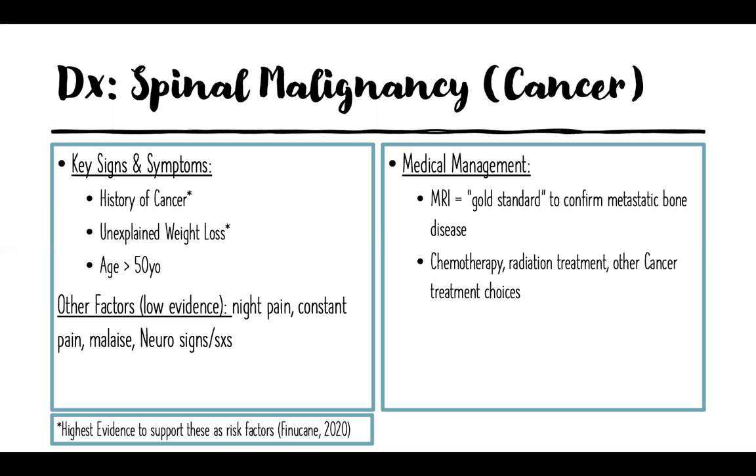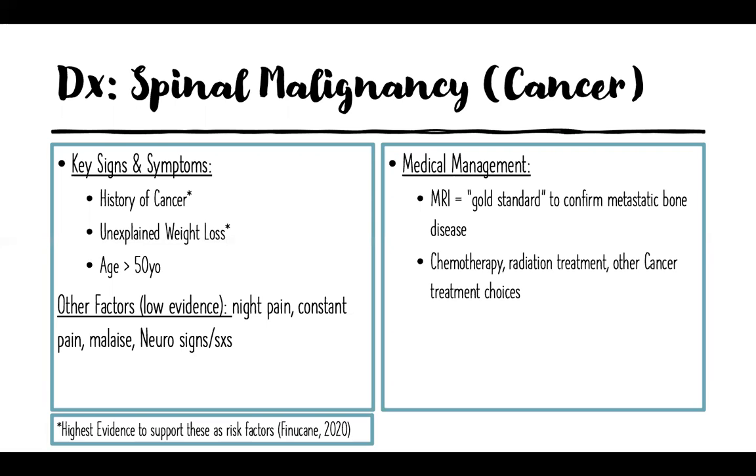For example, not really having clear aggravating or easing factors for an individual's back pain will start to raise our suspicion. And this is particularly important as we think about cancer. Commonly described are some of these odd or out of place symptoms. We'll go through that a little bit more in the next slide.